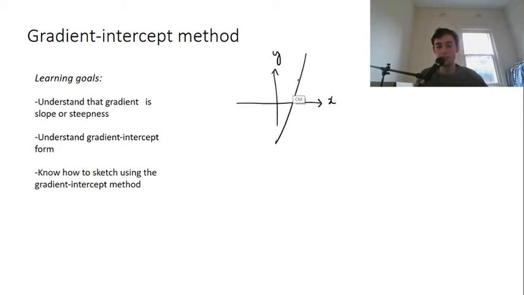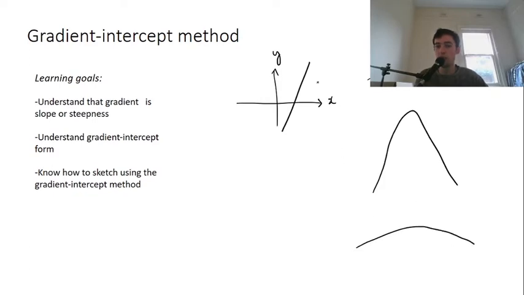This line is very, very steep. Just like a hill, you can have steep hills, or you can have hills that are not so steep. You could also call the slope of these hills, how steep they are, the gradient. So this one has a very steep gradient, but this one does not have a steep gradient. So gradient, how steep something is, whether it's a line or a hill.